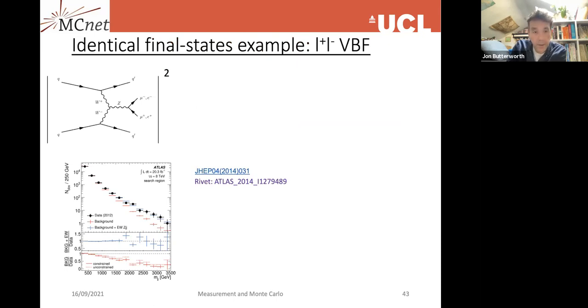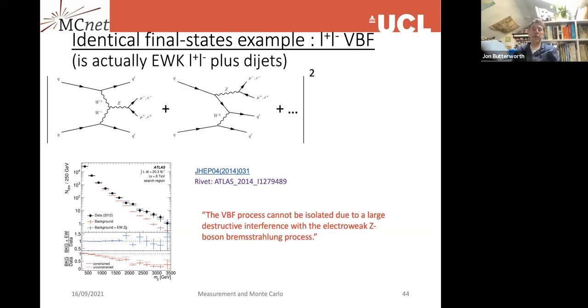And so I've got an example of one here, which is trying to extract electroweak vector boson fusion from W plus jet or Z plus jet production. And really the only thing that distinguishes them, you know, they look like very different Feynman diagrams there, is whether you have actually a vector boson fusion occurring or whether you have some other radiative events.